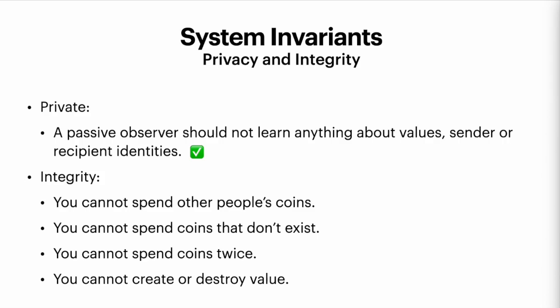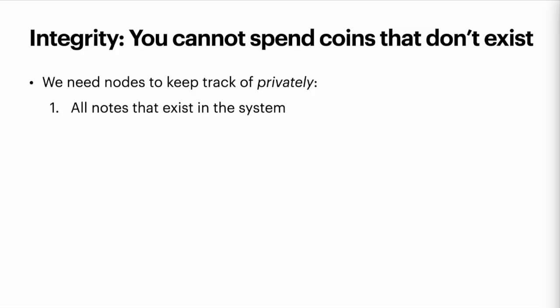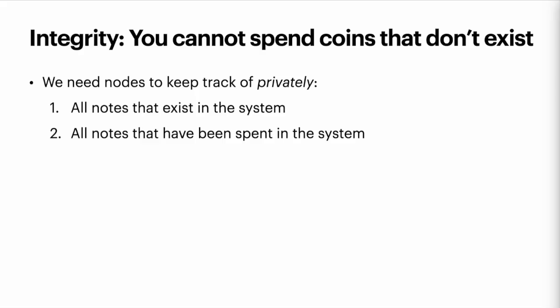all the integrity properties. So next is, how are we going to make sure that we only spend coins that exist in the system? So we haven't actually talked yet about what the nodes are doing here and how that's different from Bitcoin. So we need nodes to keep track privately of all notes that exist in the system, so they know whether a note exists and whether the note has been spent yet.